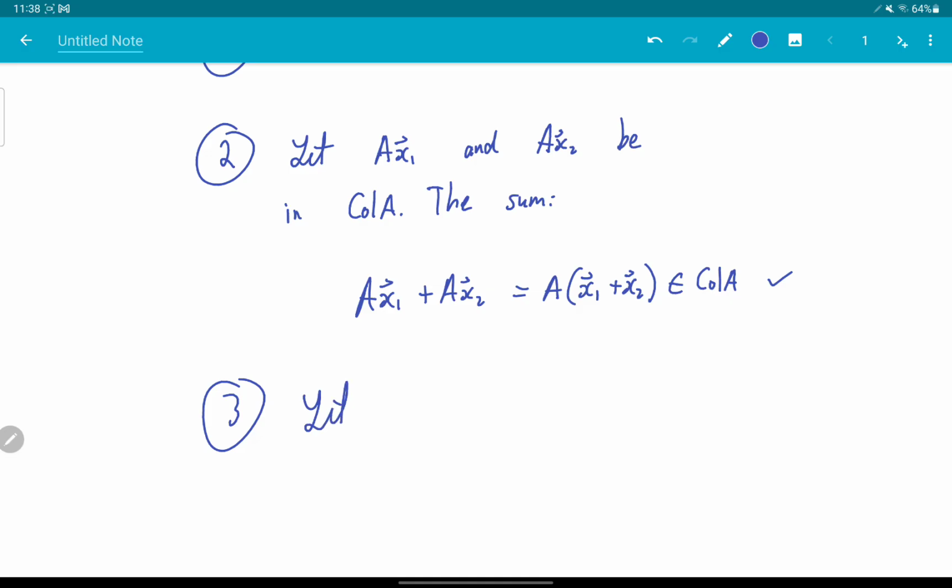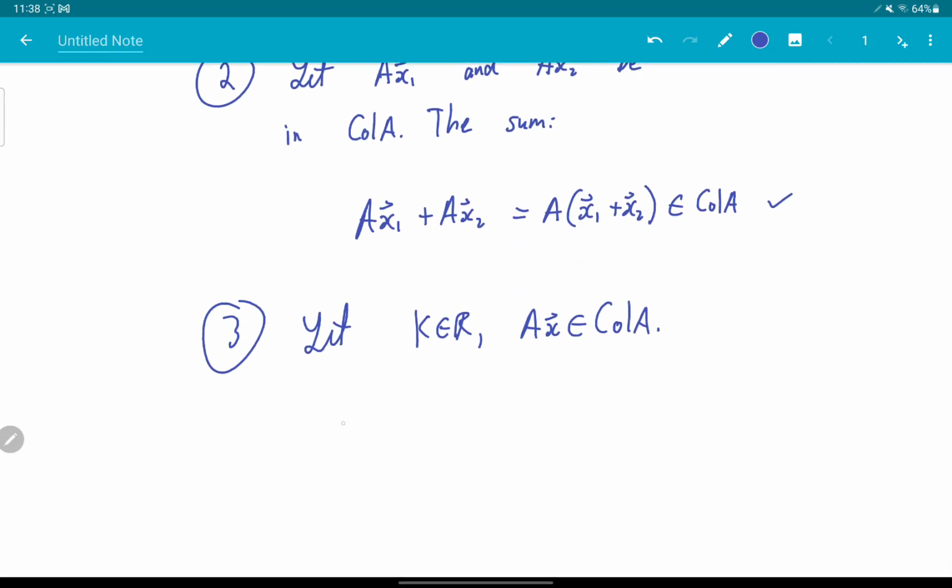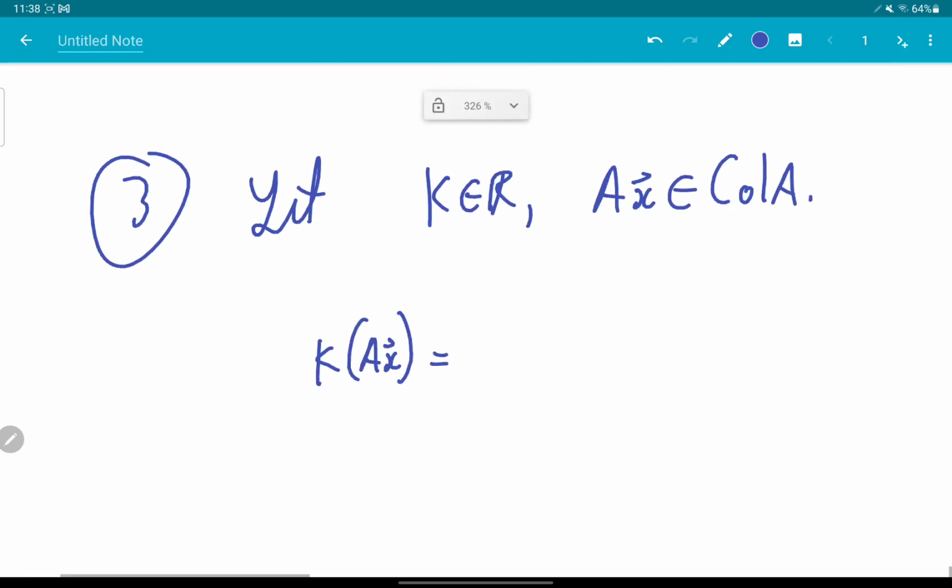Three, let k be a real number, and let Ax be in col A. k times Ax. I want to prove that that's in col A. Well, look at this. You have the arithmetic of the matrix vector product. It says that this is the same as this. Okay, this happens a lot, it seems, in this course.